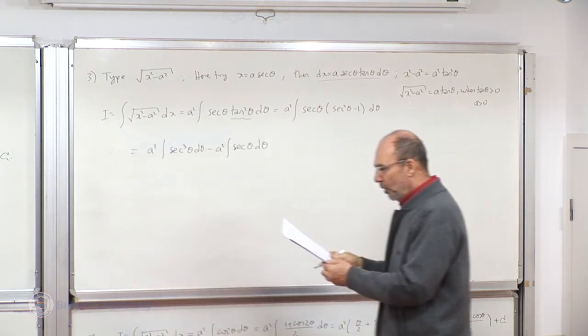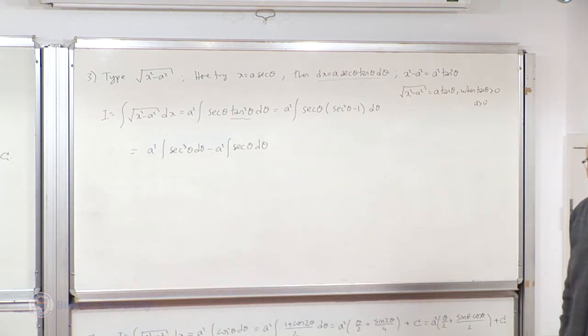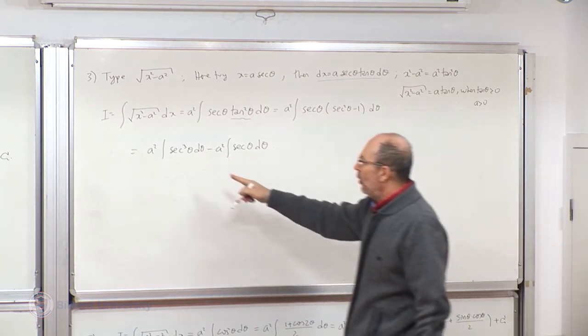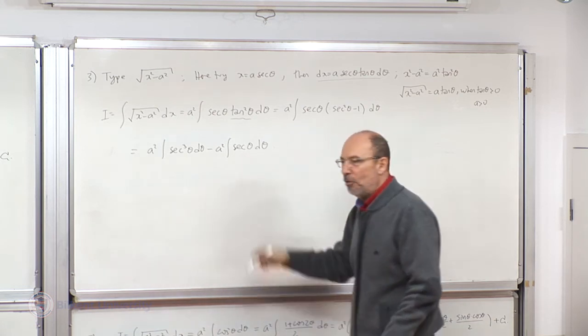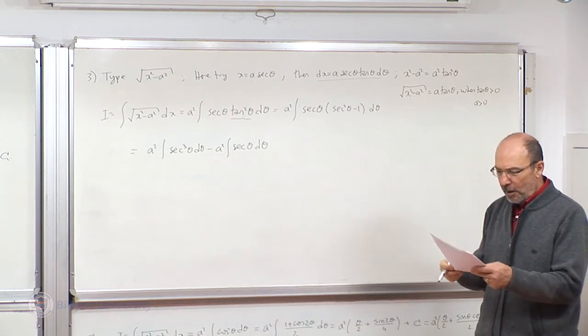You see there is no way out of these secants. Here we know how this is done because we just copied it from the book, but how do we do this one? So I'll leave it here.